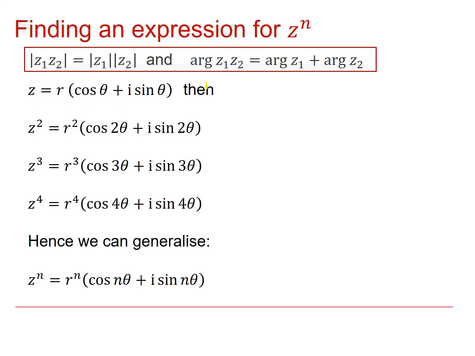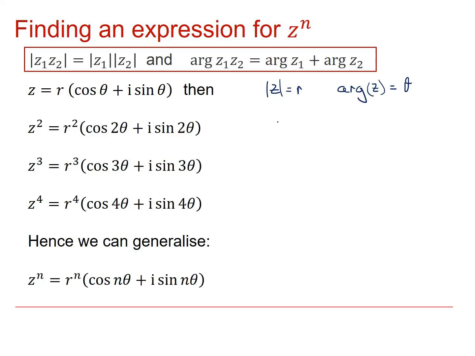So what happens if we have a complex number like this? z is equal to r times cos theta plus i sine theta. So what we're saying is that the modulus of z is equal to r, and the argument of z is equal to theta. Well, if I square it, that means I'm multiplying r cos theta plus i sine theta by itself.